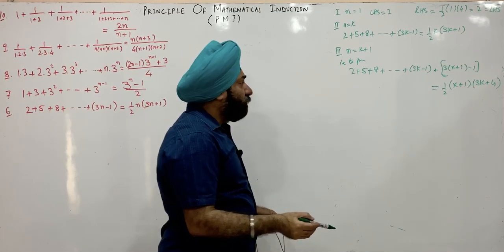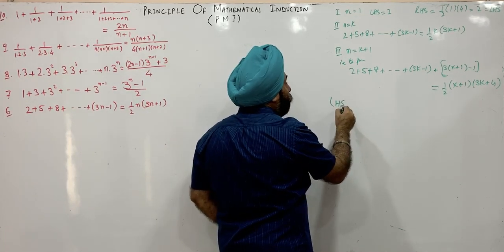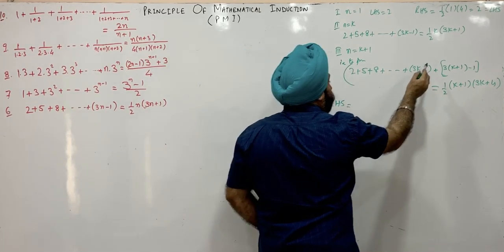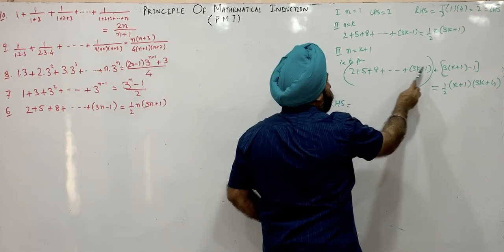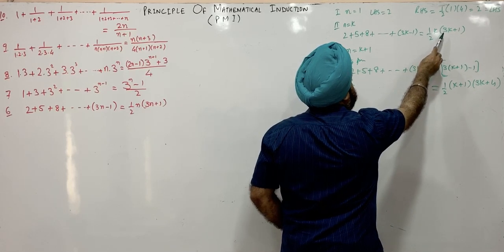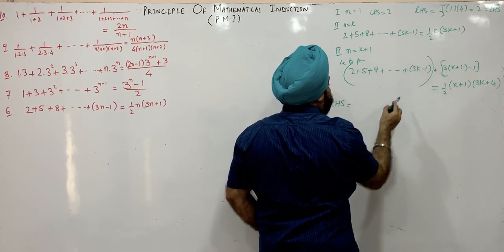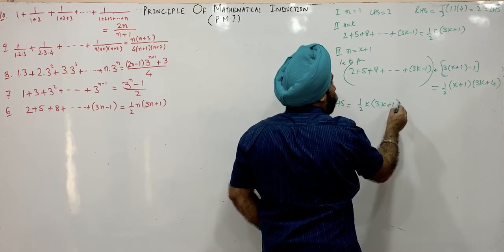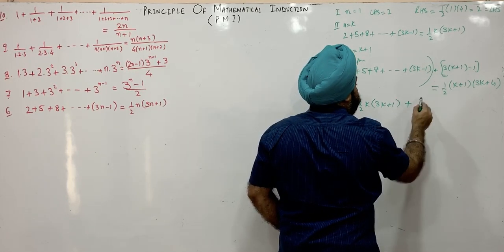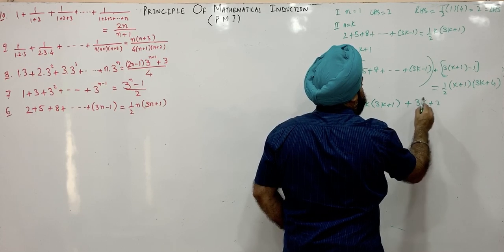Method remains the same. We start from left hand side, sum of terms from this to this, that is sum of first k terms. This was assumed in the second step, and we replace this sum by the result, that's 1 by 2 k into 3k plus 1, plus we write this term which is 3k plus 2.